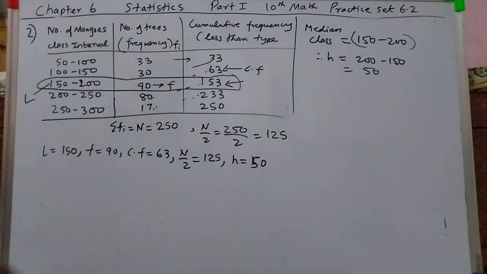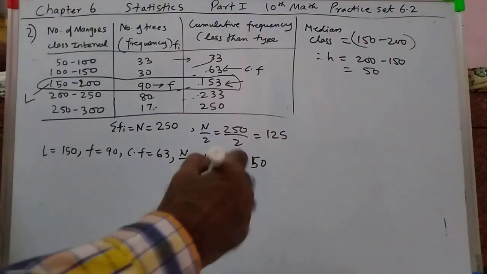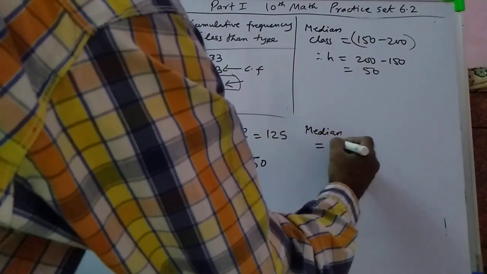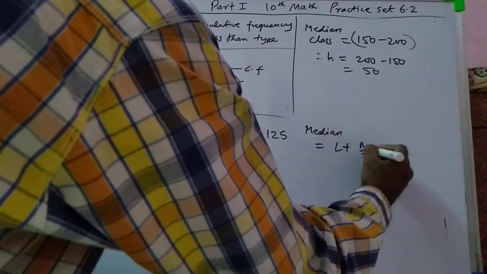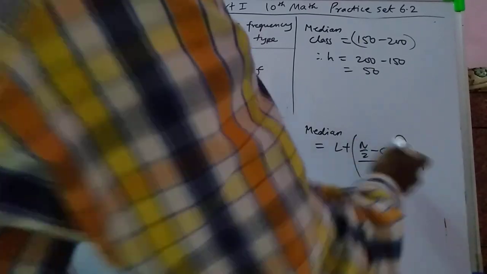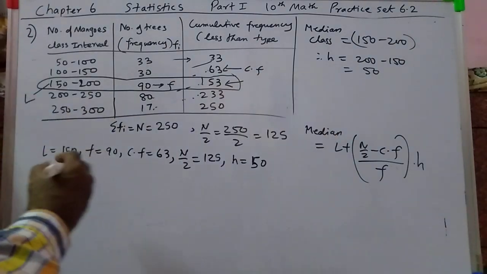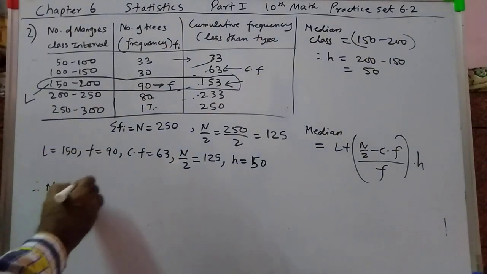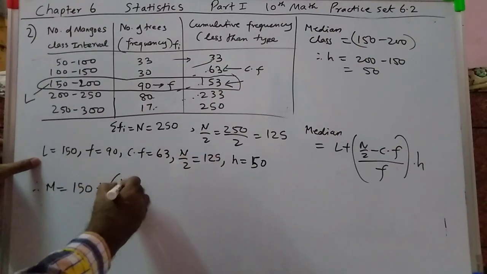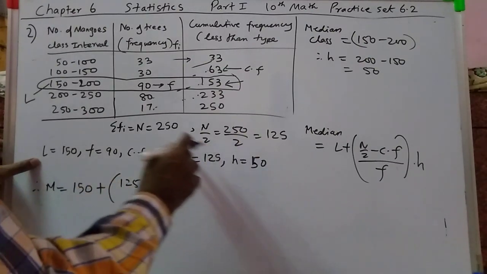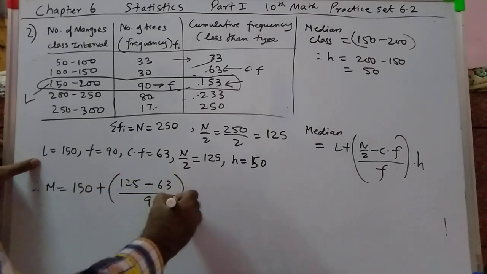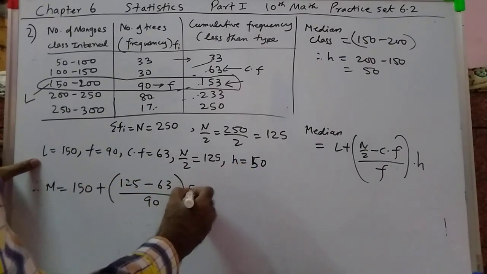Now you have to just apply the formula. You know the formula: median is equal to L plus n by 2 minus Cf upon F into H. Therefore, it is L is 150 plus n by 2 is 125 minus Cf is 63, divided by frequency 90, into 50.